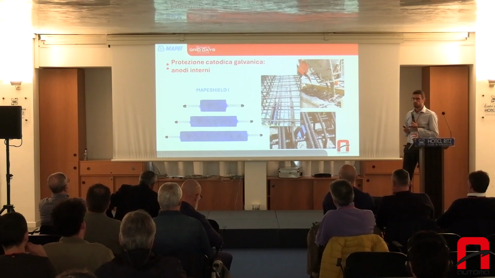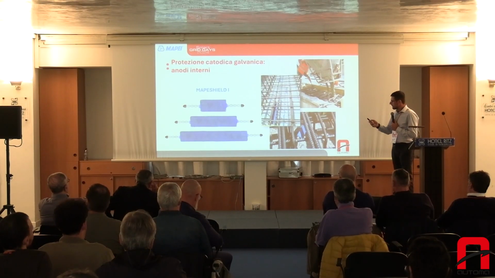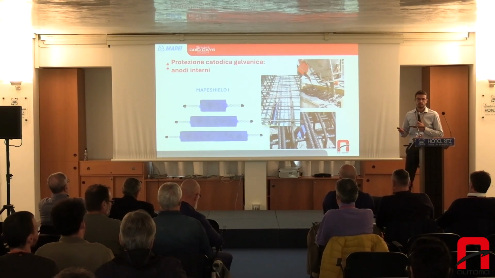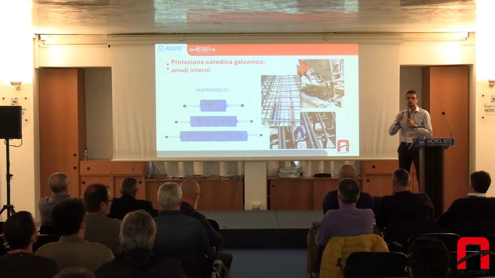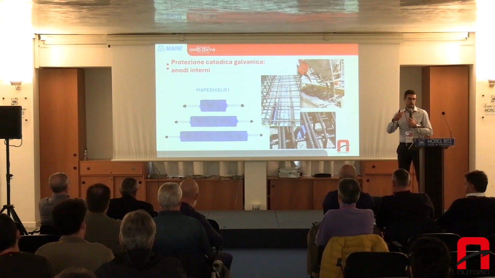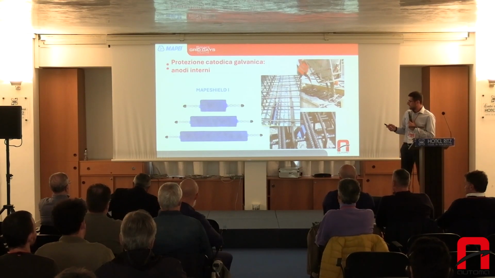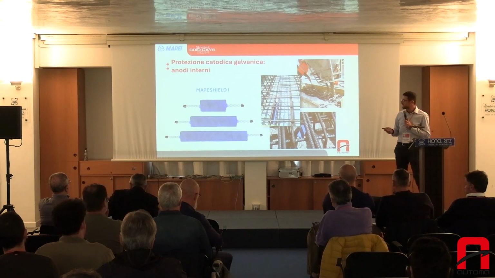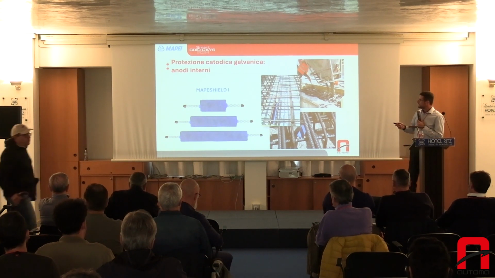So we developed two types of anodes. The first one is based on internal anodes, zinc anodes. The blue one is a protective cover that is applied on the anode. And each anode has these terminal elements.